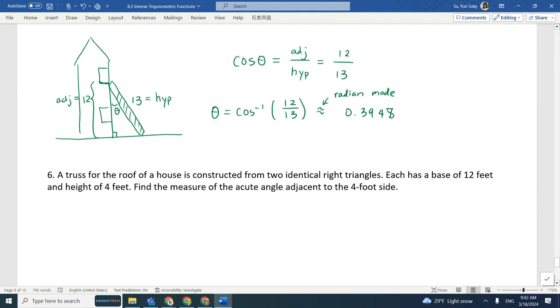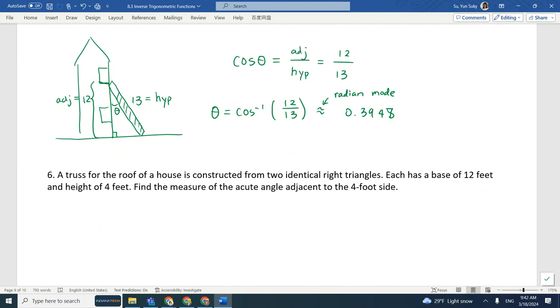So everybody finished problem 5? Okay, let's look at 6. A truss for the roof of a house is constructed from 2 identical right triangles. Each has a base of 12 feet and height 4 feet.